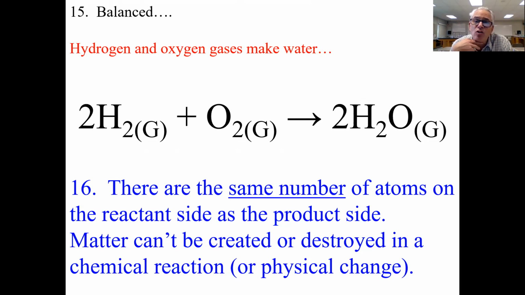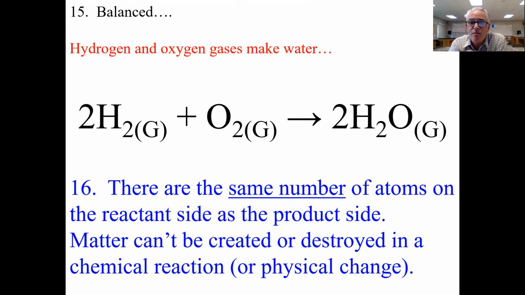And if there's only H2 in the reactant with 2 hydrogens, the only way to make that work is to put a 2 in front of the hydrogens. So now I have 4 atoms of hydrogen in the reactant, and I have 4 atoms of hydrogen in the product. I have 2 oxygens in the reactant side, and I also have 2 oxygens in the product.